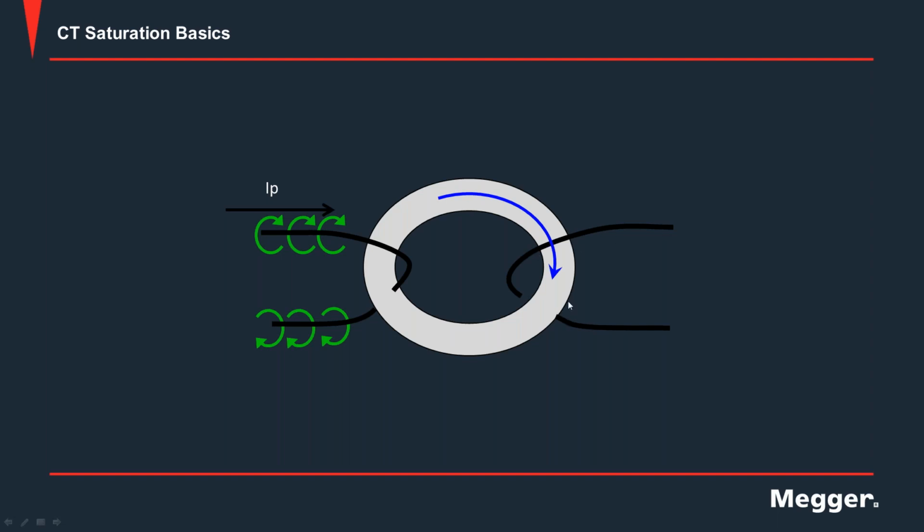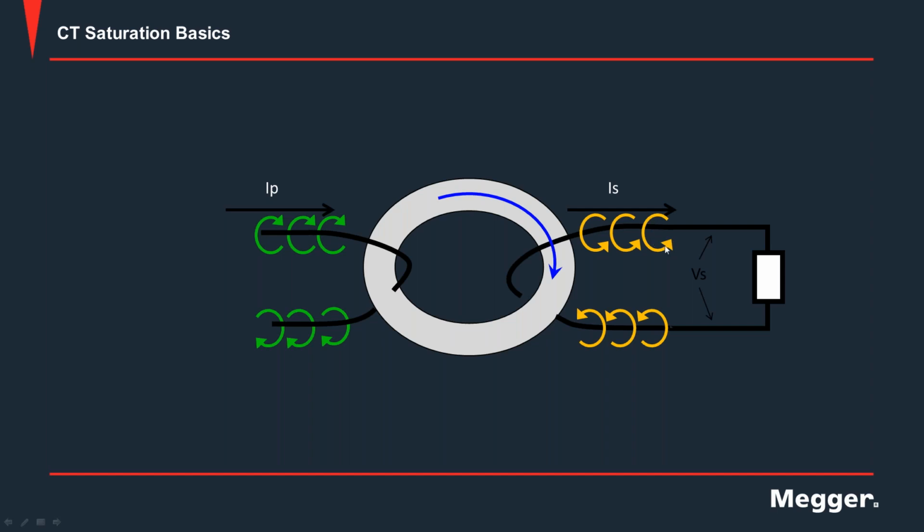Now, when the secondary is connected to a load, there will be voltage across this load. And what will happen if there is a voltage across the load or the secondary winding? There will be a secondary current. But again, you have a flowing current here, and that will cause its own magnetic field.